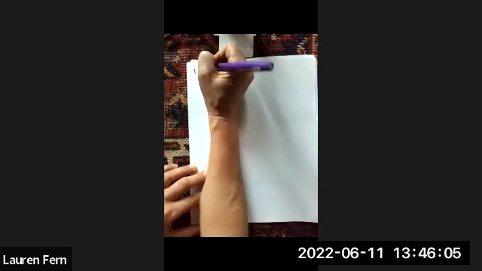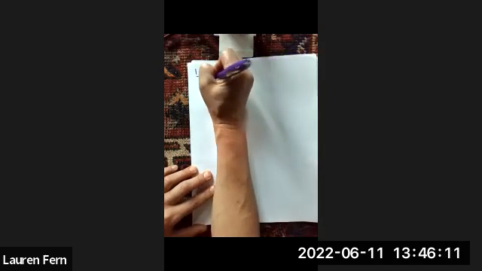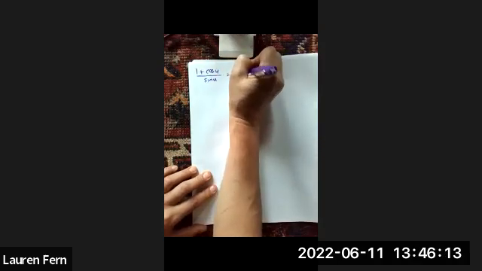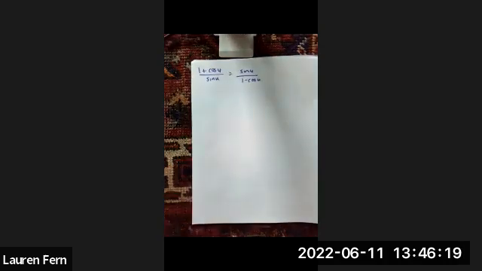I want us to verify this identity. 1 plus the cosine of u over the sine of u is equal to the sine of u over 1 minus the cosine of u. Again, I'm telling you, this is true. Verify it.